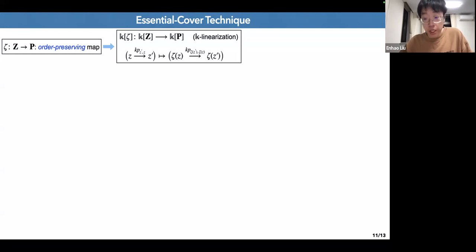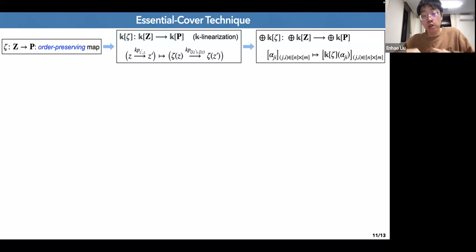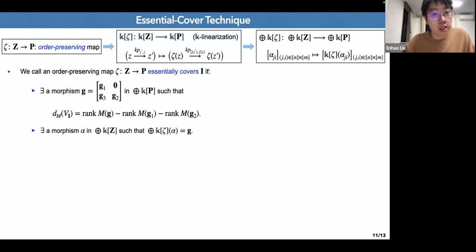functor from Kz to Kp, okay, of course. And you can, again, induce some functor from my additive how of Z to additive how of P, okay, nothing new. It just sends the matrix to another matrix accordingly. Okay, so now we define the essential cover. We call order preserving map zeta essentially covers an interval I in P if it satisfies the following two conditions.